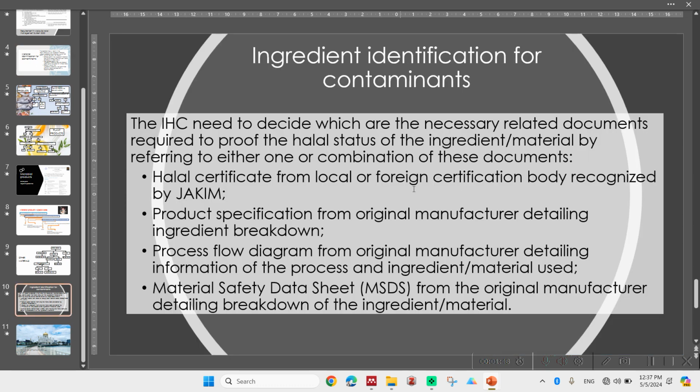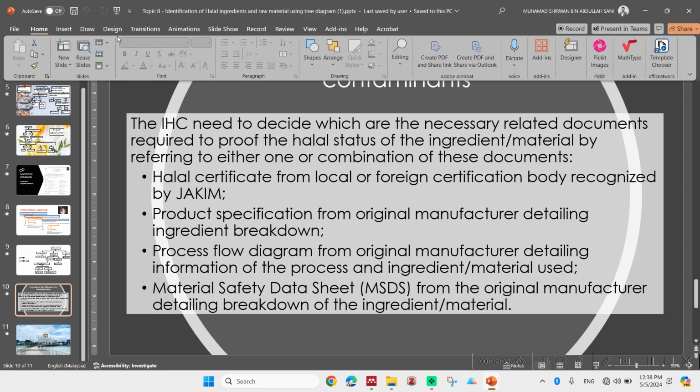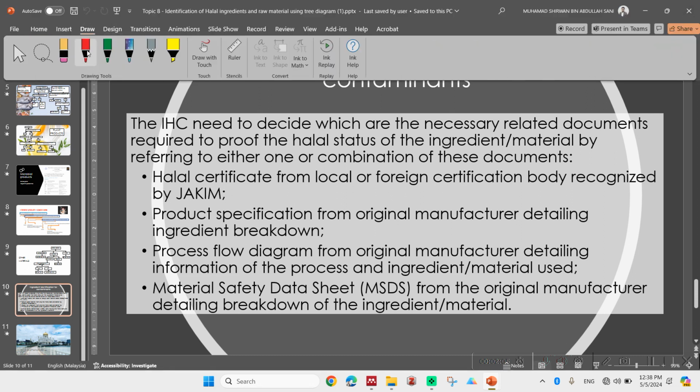If it is non-critical, there are other documents needed. It's not necessary to get a halal certificate, but you can request other documents such as the product specification.